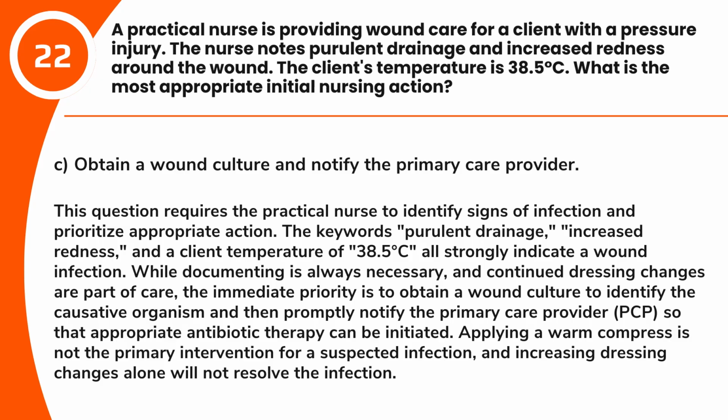While documenting is always necessary, and continued dressing changes are part of care, the immediate priority is to obtain a wound culture to identify the causative organism and then promptly notify the primary care provider, PCP, so that appropriate antibiotic therapy can be initiated. Applying a warm compress is not the primary intervention for a suspected infection, and increasing dressing changes alone will not resolve the infection.